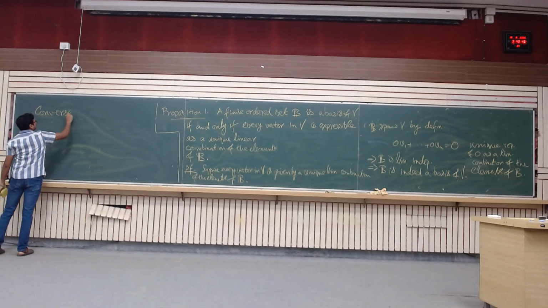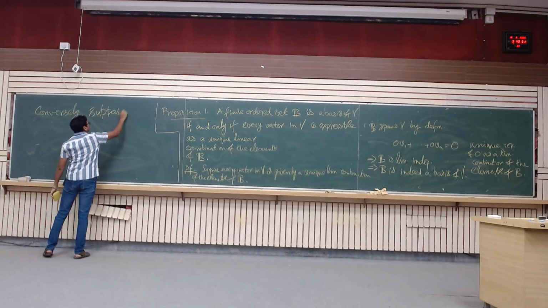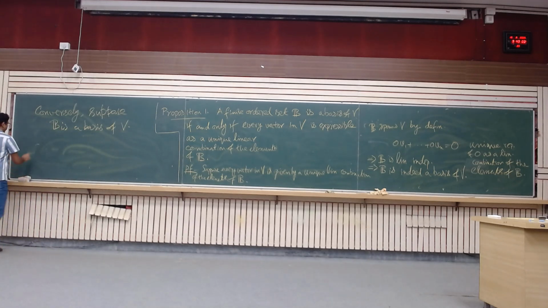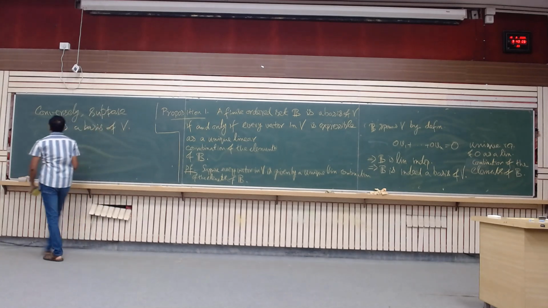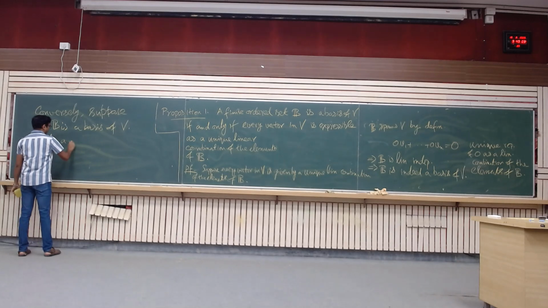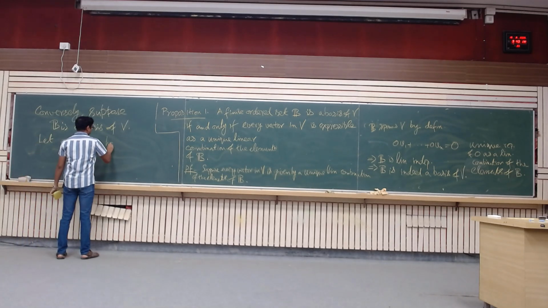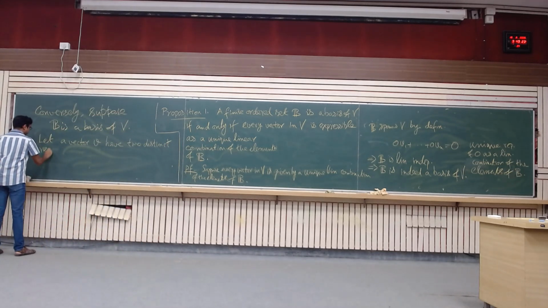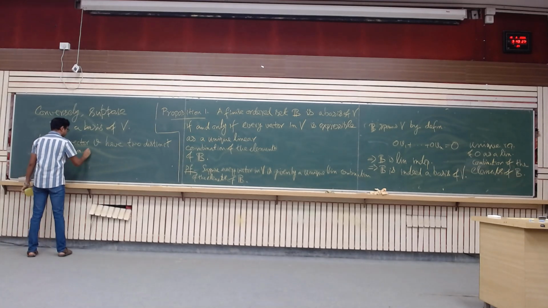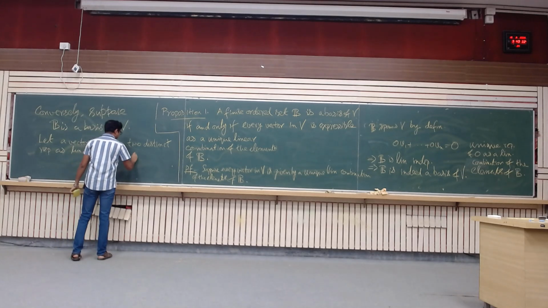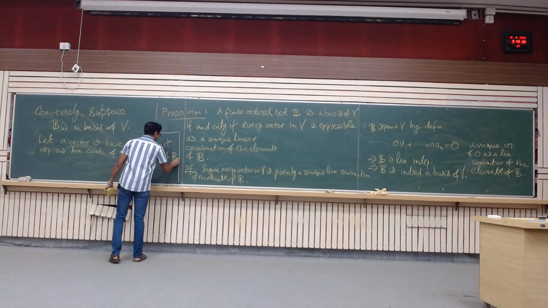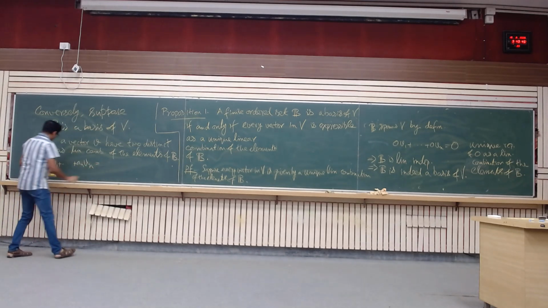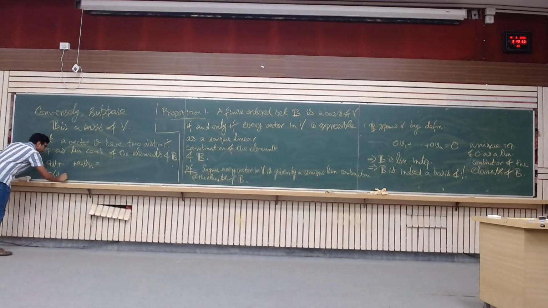Conversely, suppose V is a basis of V, and moreover, let a vector V have two distinct representations as linear combinations of the elements of V. That means you have A1 V1 plus up to An Vn, with V1 to Vn elements of V. V was just V1 to Vn.